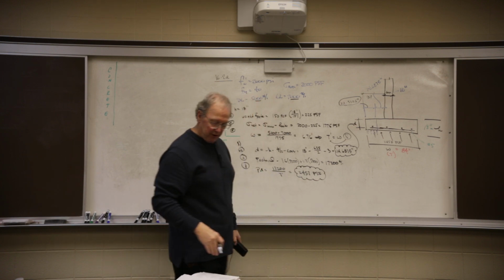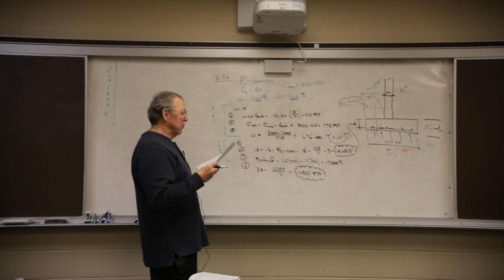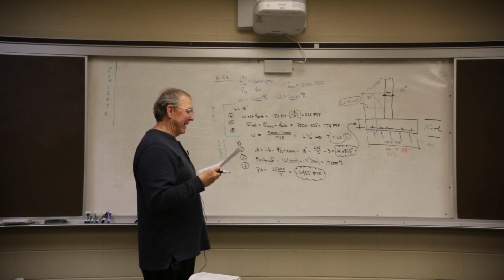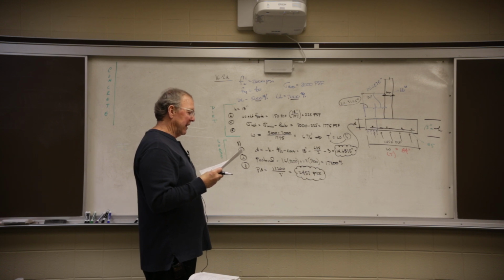That's what that equation does. You should get the same exact number if you use the equation in letter K: W minus WT divided by 2 minus D. That's exactly what I did.